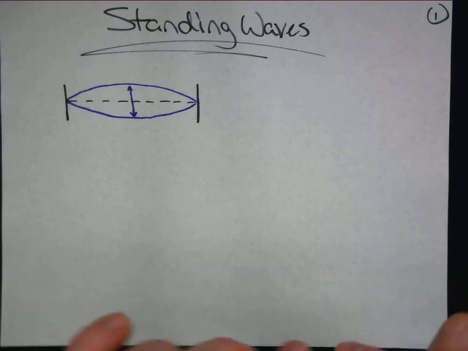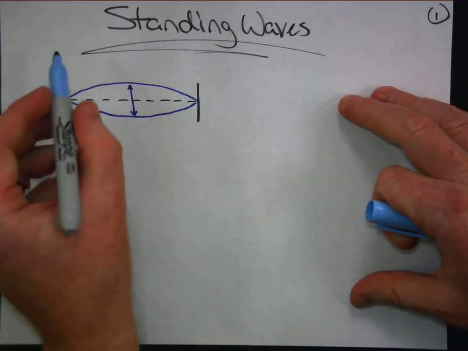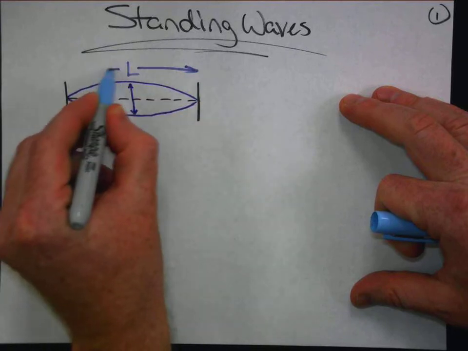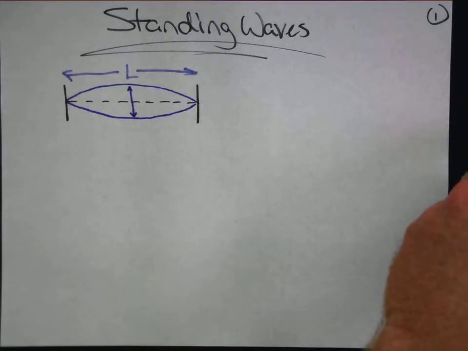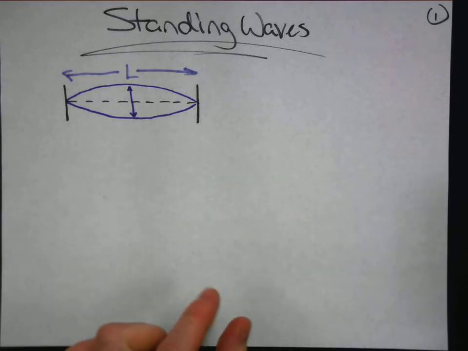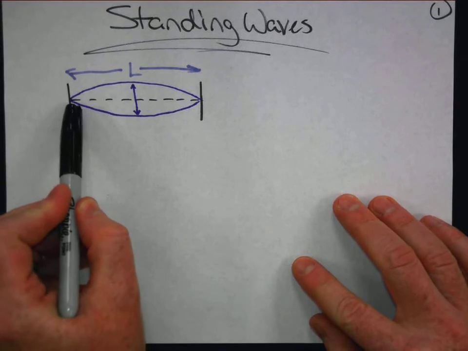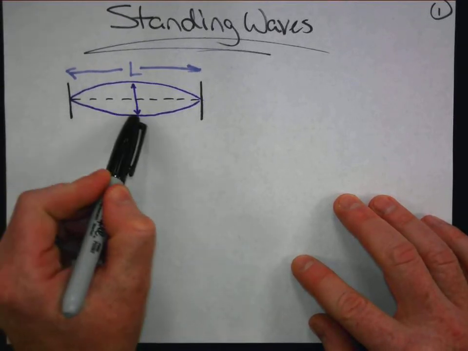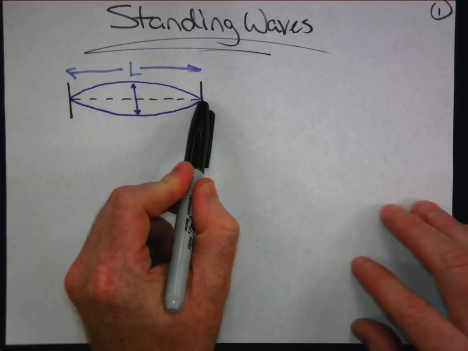So here's a couple things that are important about this. We're going to refer to some things here. There's a length. And here's what we know from this image right here. You can clearly see that there's a node here, and at the node there's no displacement, and then there's maximum displacement, so there's an antinode, and then back to a node where there's no displacement.